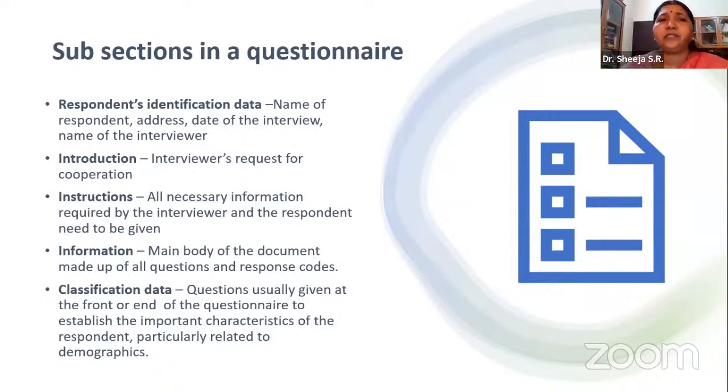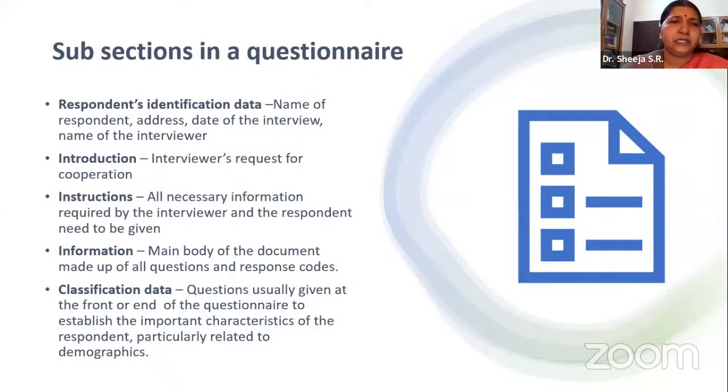Then who collected the information, in order to identify from which region you have collected information, for that purpose this is useful, but it is not a compulsory part. And for very small inquiries, this is not essential. If the respondent is willing to give information related to his name or address, it's okay.